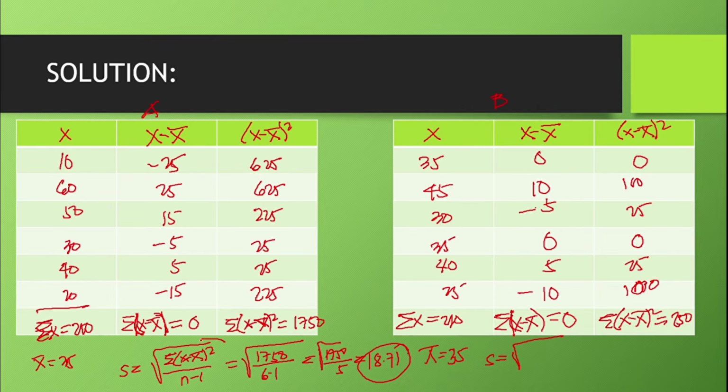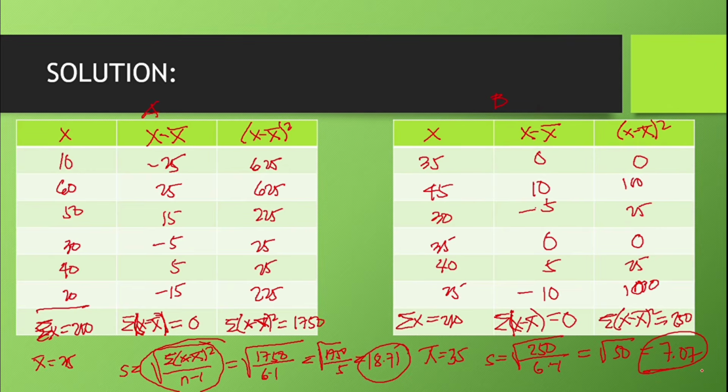So applying the formula, s is equal to the square root of this one. We have 250 over n minus 1, which is 6 minus 1. So the square root of 250 divided by 5, that is equal to 50, or the square root of this one is 7.07.